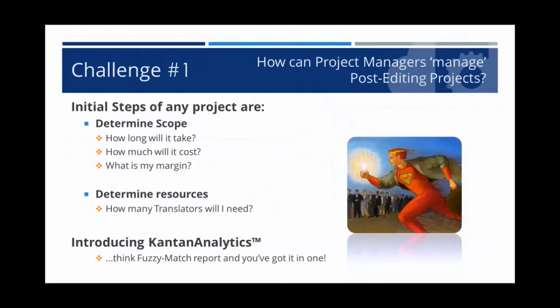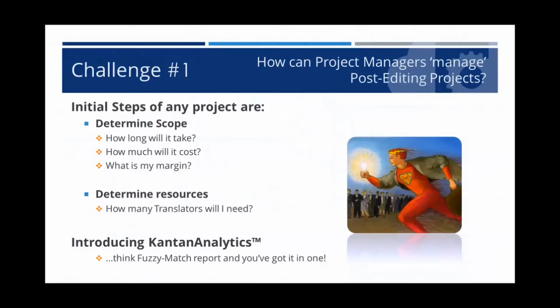Well, if you go back to fuzzy match, we charge different fees depending on how high the fuzzy match score is. And we associate a high fuzzy match as meaning that we have to do less post-editing effort to finish that translation.